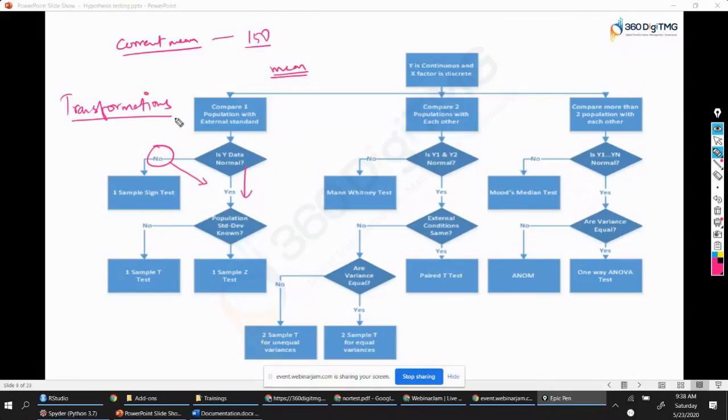This alters the distribution of the data. We experiment with altering the magnitude of the data in different ways, and see which technique or which scale might give us a distribution that follows normal properties. That's the transformation techniques. So we experiment.